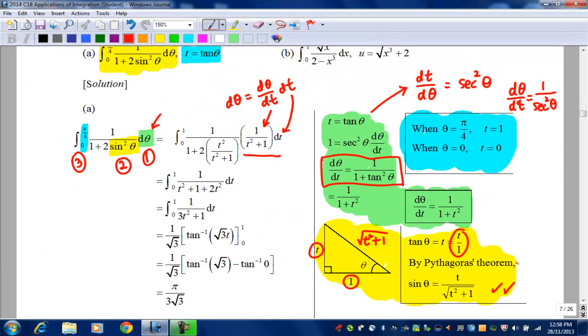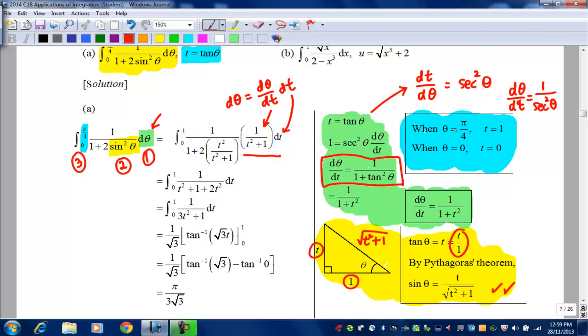So the last thing that we need to do is changing of the limit. This is very important because many a time students forget to change the lower and upper limit. So now, earlier we have theta equals 0 and theta equals pi over 4. So we need to change the limit accordingly.